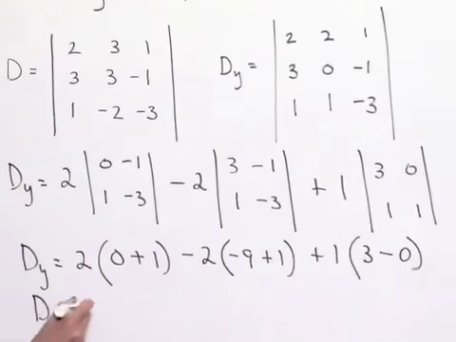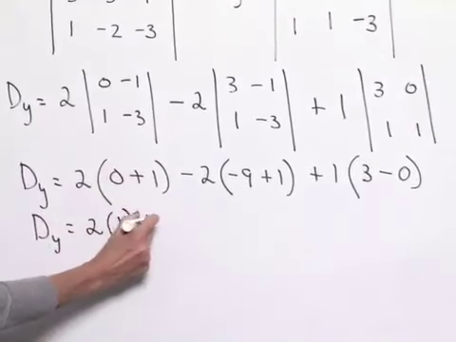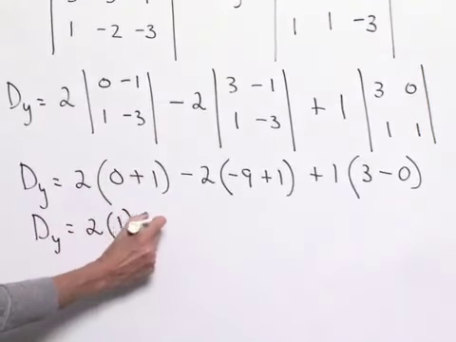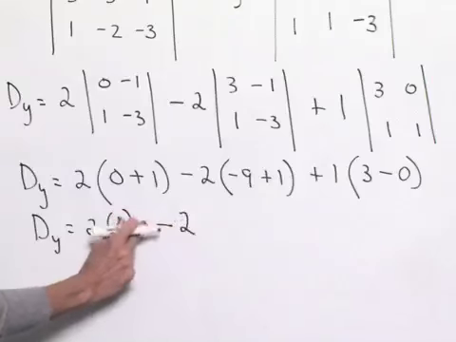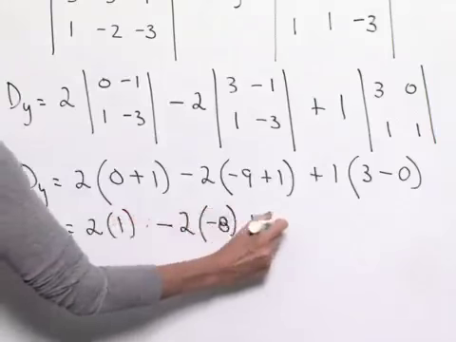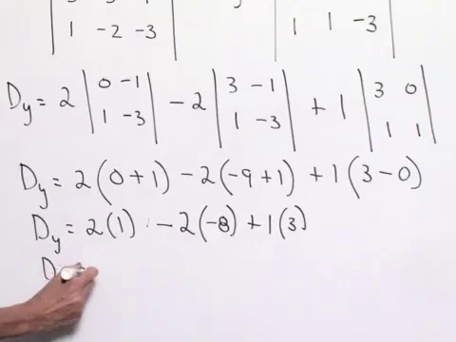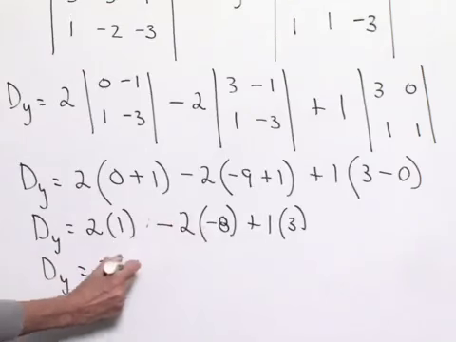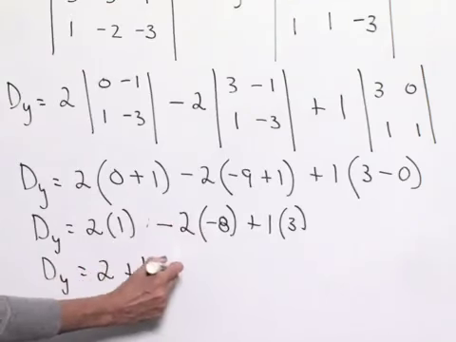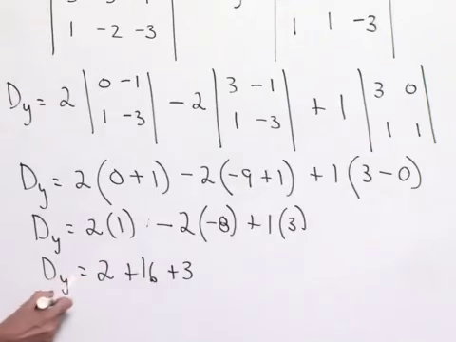D sub y then equals 2 times 1 minus 2 times negative 8 plus 1 times 3. This gives us d sub y equals 2 plus 16 plus 3. And that ends up giving us 18 plus 3, which is going to be 21.